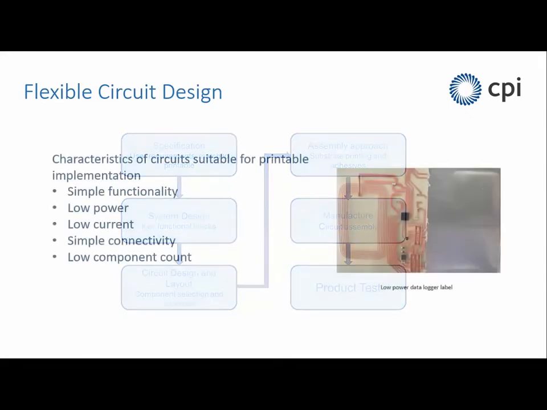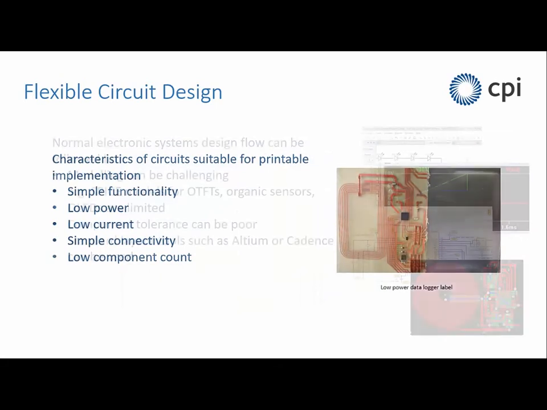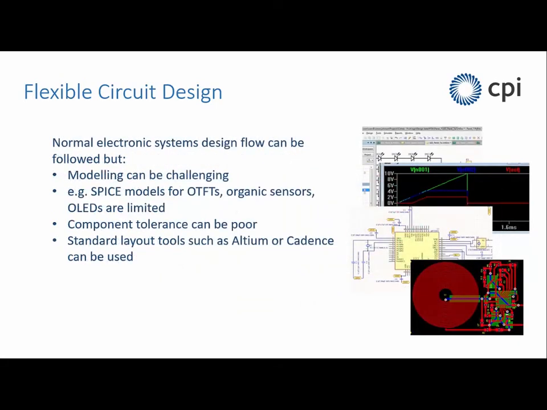And the design tools that we use for this are really just the same. We make use of conventional PCB design tools to do the layout of printed electronic circuits. We use circuit simulators such as SPICE to help us to understand the performance. That's a bit of a challenge because the components are often new. They're only just being characterized.